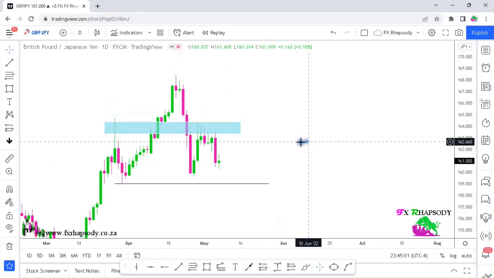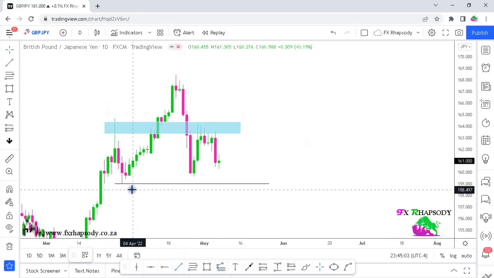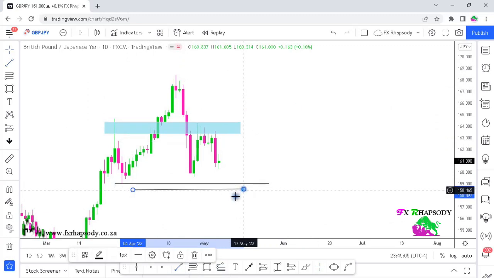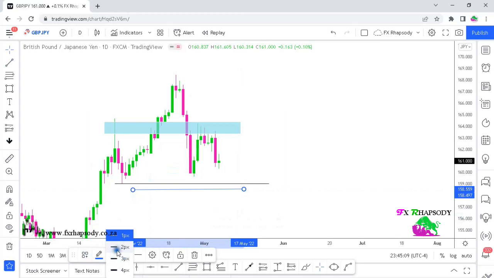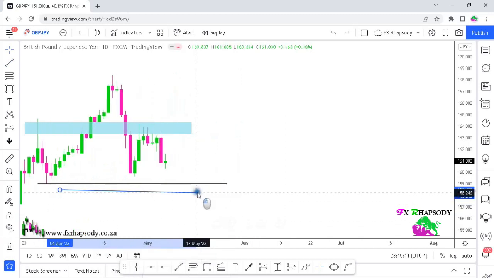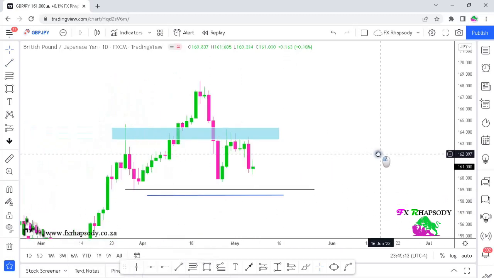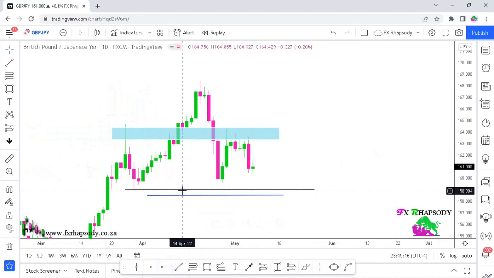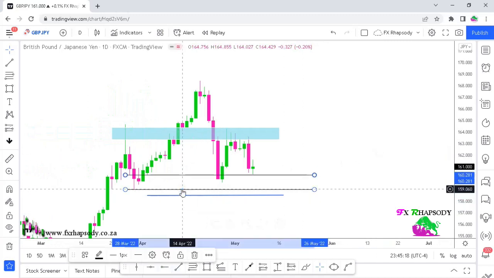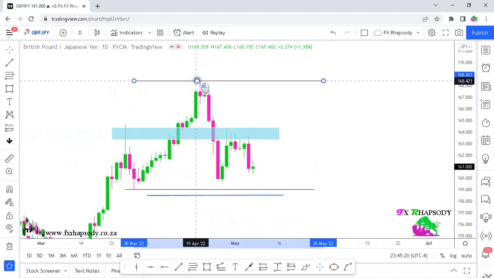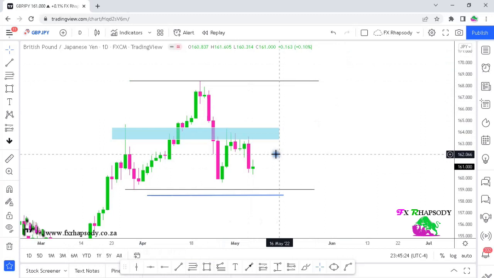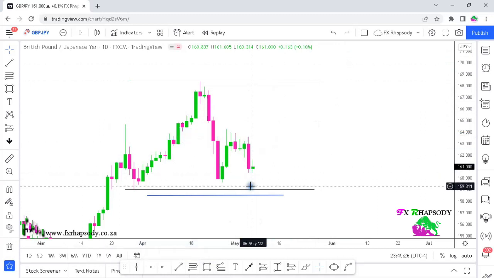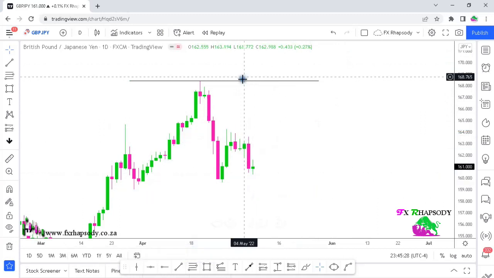Okay, so there is definitely some liquidity lying in this area. Let's just highlight that, and we could see price hunting that liquidity. That's definitely over there. And then obviously, if price had to go above this high, we would see price continue to the upside. That's on the daily time frame.